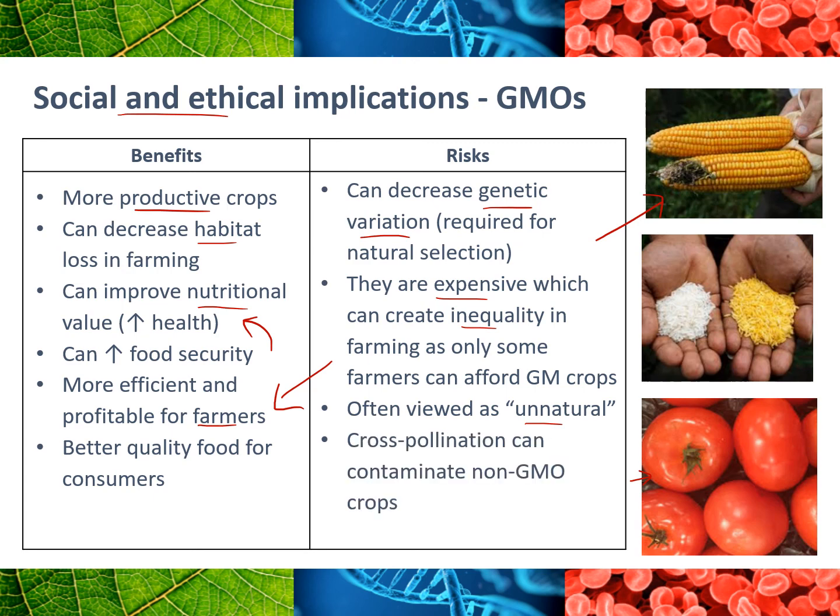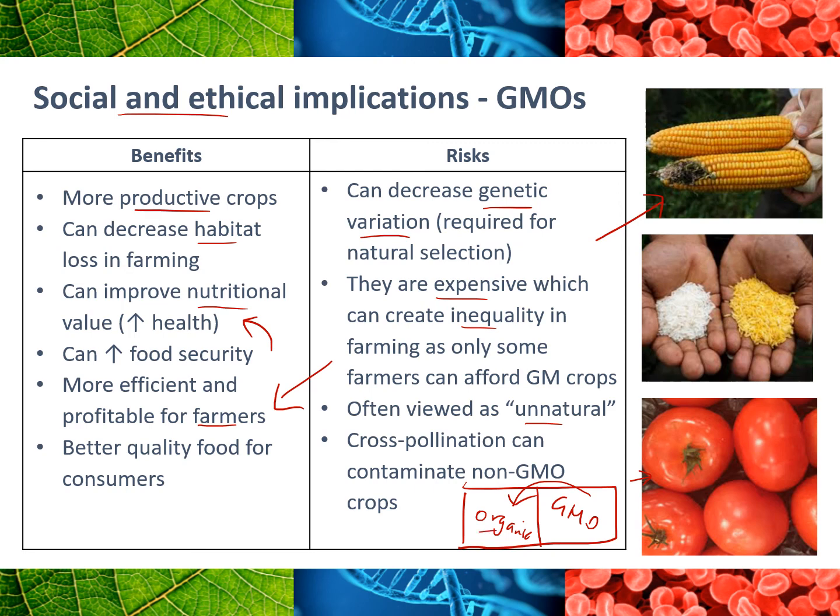And then if you've got two farms next to each other, and this farm has genetically modified crops, this one has organic crops, so they're not modified at all, cross-pollination can very easily contaminate these organic crops with these modified crops. And that can actually be really important.